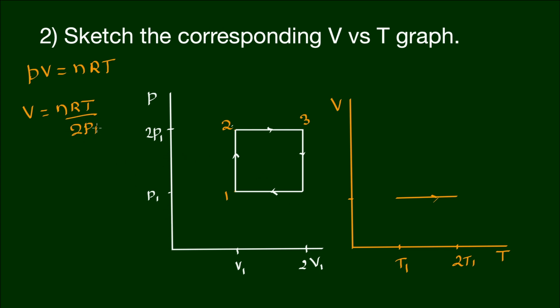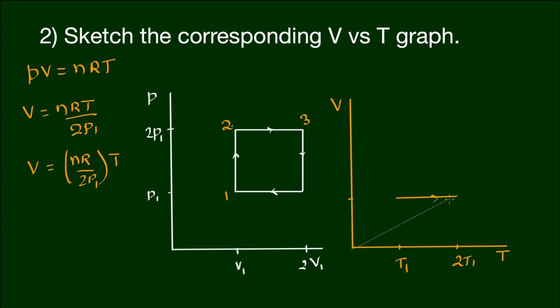If you look at this graph, V versus T is a constant times T. Y is equal to mx. So this is going to be a straight line passing through the origin, and nR by 2P1 is the slope. And the slope is not very high because the denominator 2P1 is a high value. So we draw a line of low slope which has to pass through the origin.